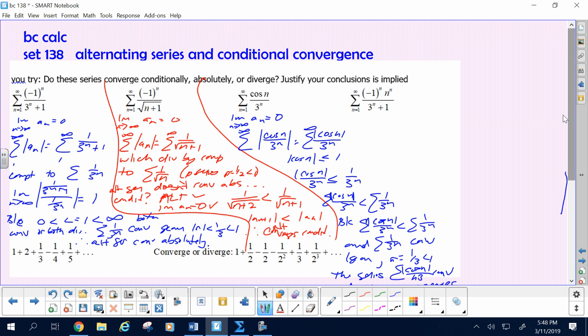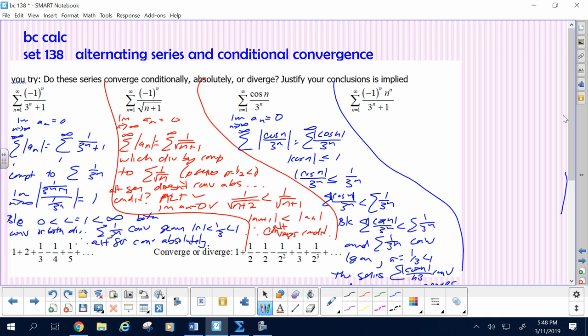All right. Also notice, if you tried to do conditional convergence on that, cosine of n, yeah, it does bounce around signs, but it doesn't alternate. It goes kind of positive, negative, negative, and then it goes positive and then negative. It's not an alternating series, so you couldn't even use the Leibniz test on it.